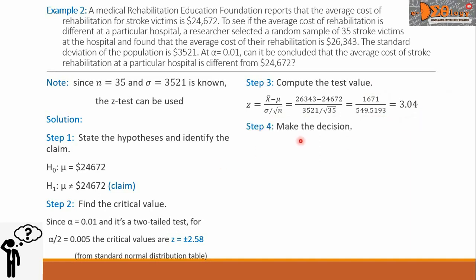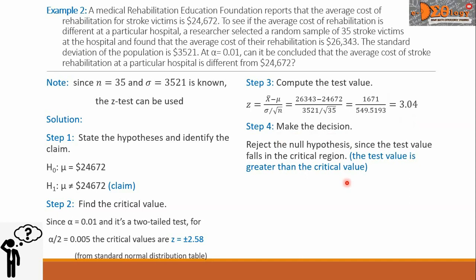Step 4 is to make the decision. We will reject the null hypothesis, since the test value falls in the critical region. It means to say also that the test value is greater than the critical value. With our figure here, the critical value is placed in between the critical region and the non-critical region.